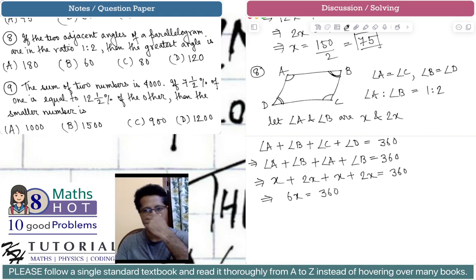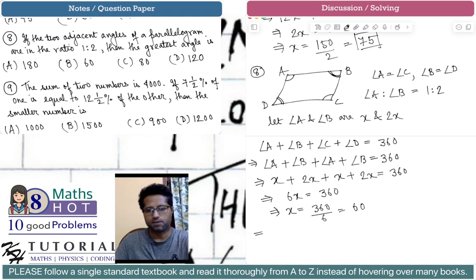So this is the equation that we have got in terms of x, and the value of x will be 360 divided by 6, which is 60. So x is 60. This implies angle A will be equal to x, that is 60 degrees. Angle B will be equal to 2 into 60 degrees, which is 120 degrees.